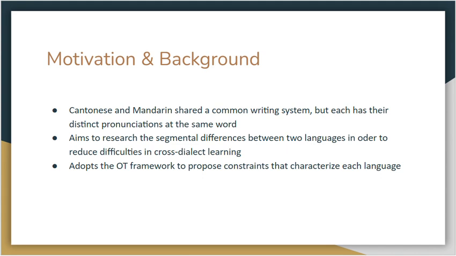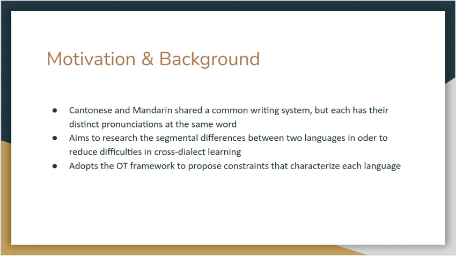So I want to research the segmental differences between Cantonese and Mandarin so that I can know, during my learning of Cantonese and my friend's learning of Mandarin, how to reduce the difficulties of cross-dialect learning.